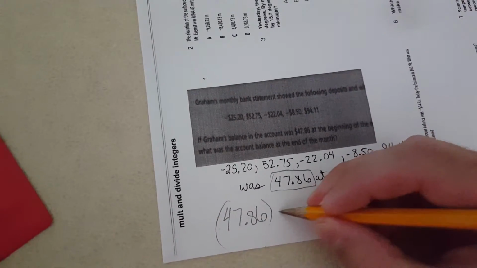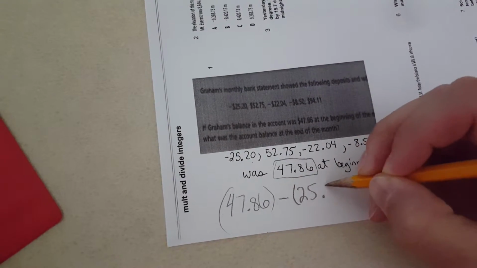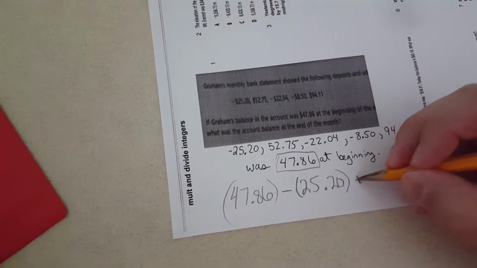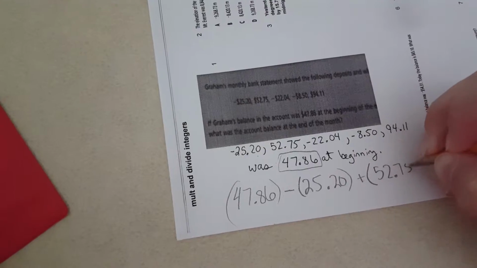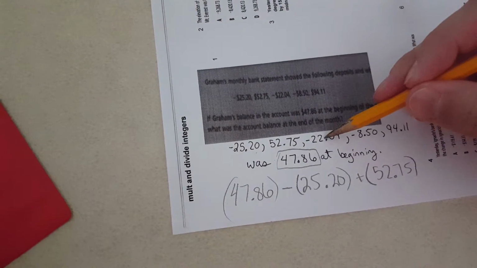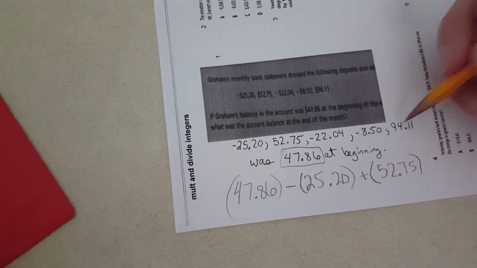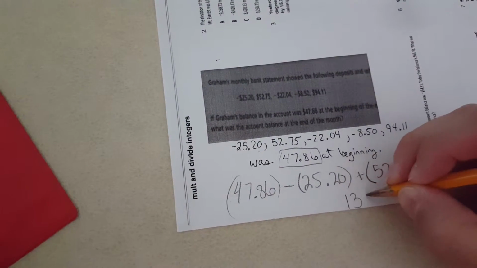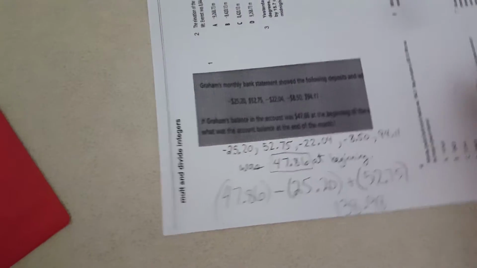Then you're going to subtract $25.20. Then you're going to add $52.75, and so on, with the minus 2204, minus 850, and plus 9411. When all is said and done, you should have 138.98.